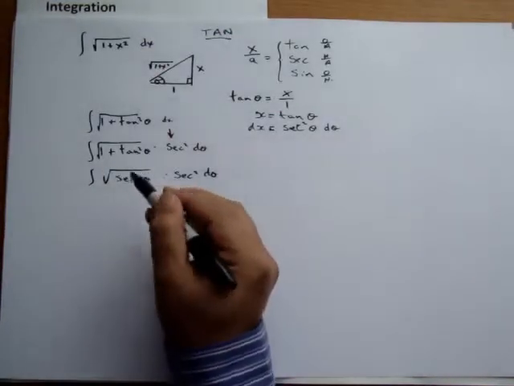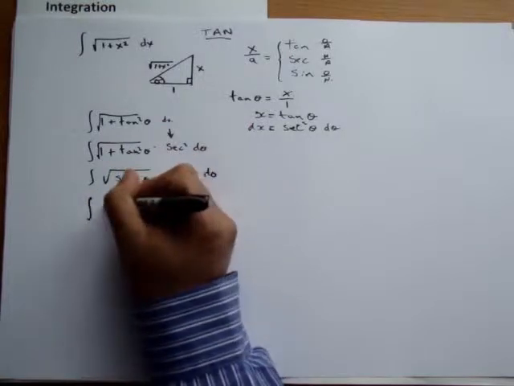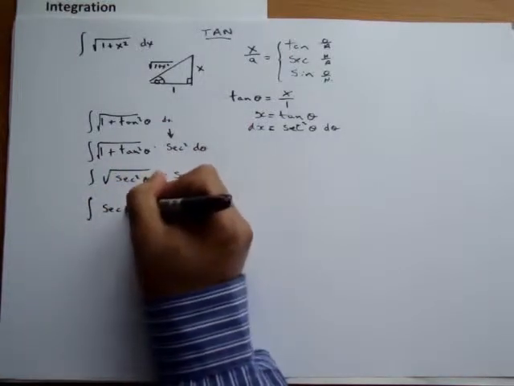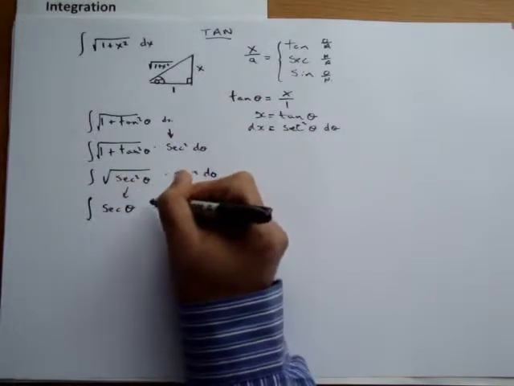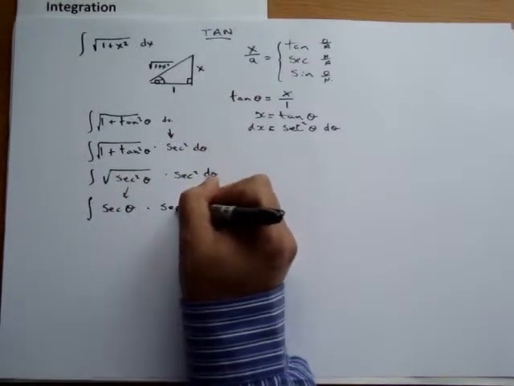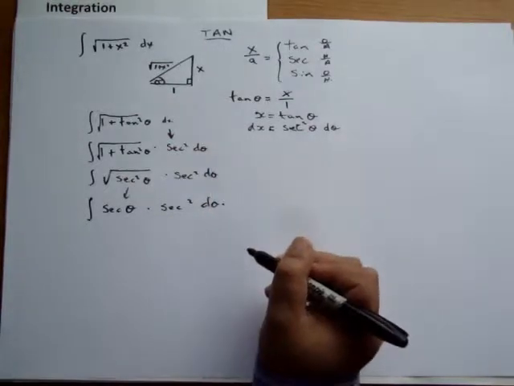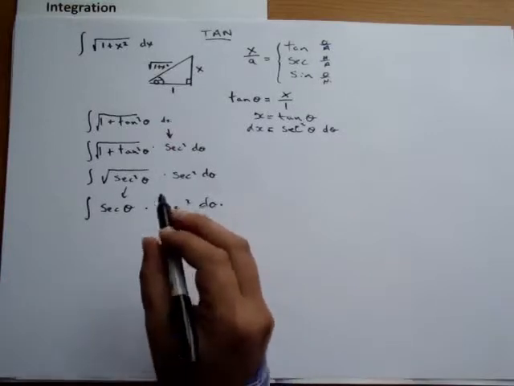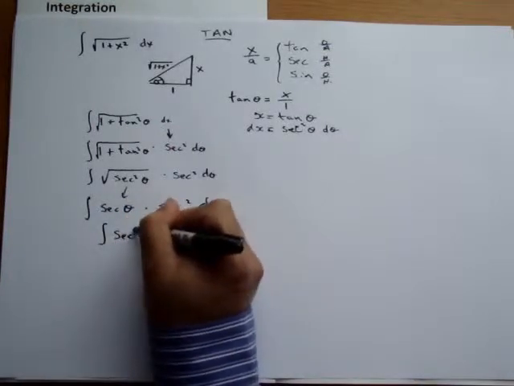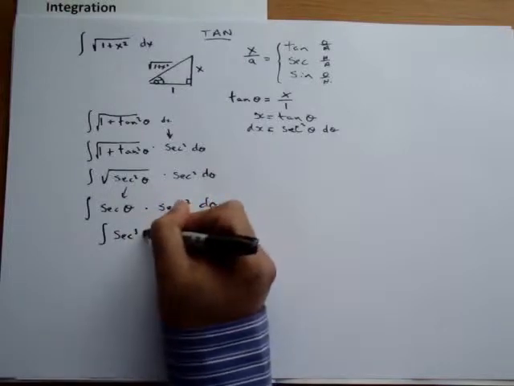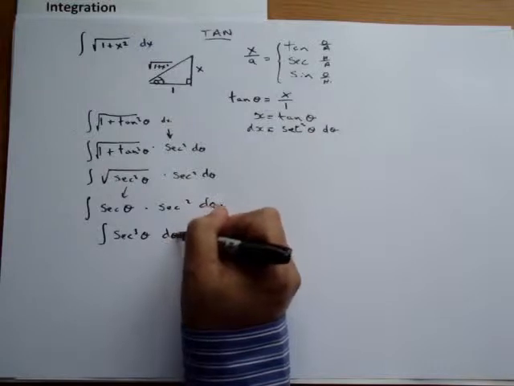When we take the square root of sec squared theta, we get sec theta, times sec squared d theta. When we combine these two, we get the integral of sec to the power 3 theta d theta.